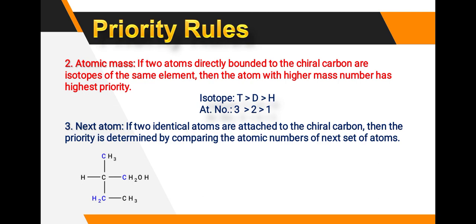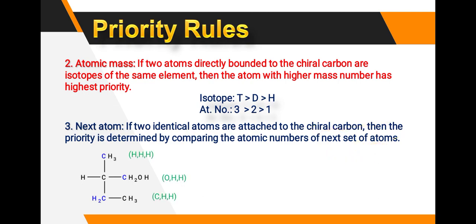Here CH2 is there, here again CH2 is there. Then we have to see that CH2, here OH is there, and here CH2 having CH3 is there. Then see the atomic number of OH and CH3. Here OH has the highest atomic number, so the priority goes to CH2OH over CH2CH3.